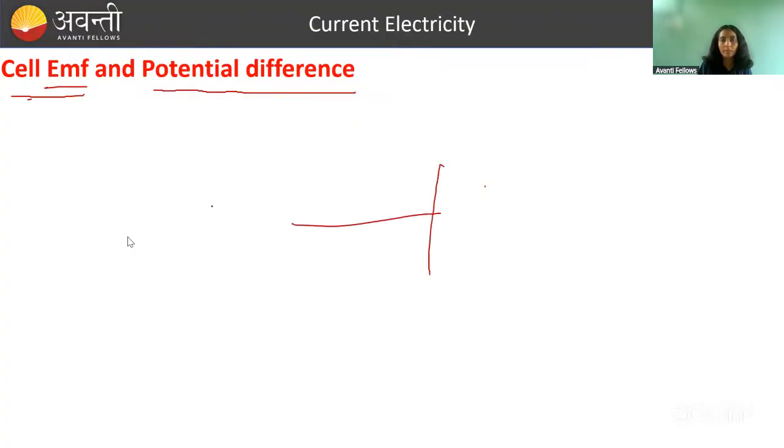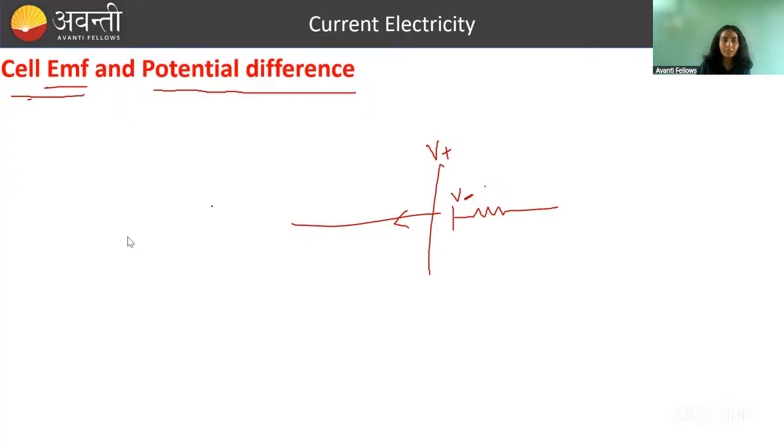So let's talk about it. There is this cell. ठीक है, this positive electrode has potential V plus, this negative electrode has potential V minus. No current is flowing here. यहाँ पे कोई करंट फ्लो नहीं हो रहा क्योंकि सर्किट कंप्लीट नहीं है. करंट फ्लोज़ व्हेन यू गिव इट क्लोज़्ड पाथ. ठीक है, सर्किट में करंट या फिर बैटरी के थ्रू करंट तभी फ्लो करेगा when current is going out of पॉजिटिव टर्मिनल and it has a way to reach to the negative terminal.